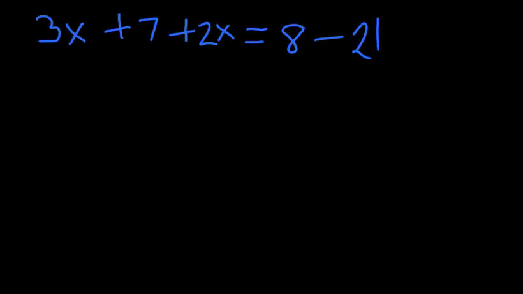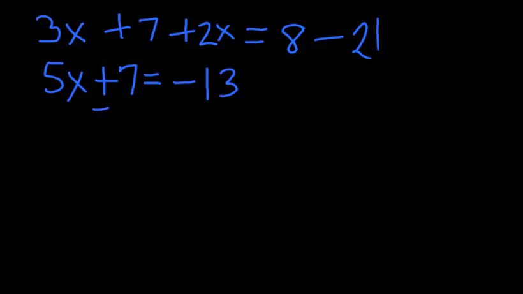So 3x and 2x are like terms. So that's going to be 5x because it's got a plus sign. And then you just write your plus 7 down. And then 8 minus 21. What's that? Well, that's negative 13. Now I have it simplified and I'm ready to solve.